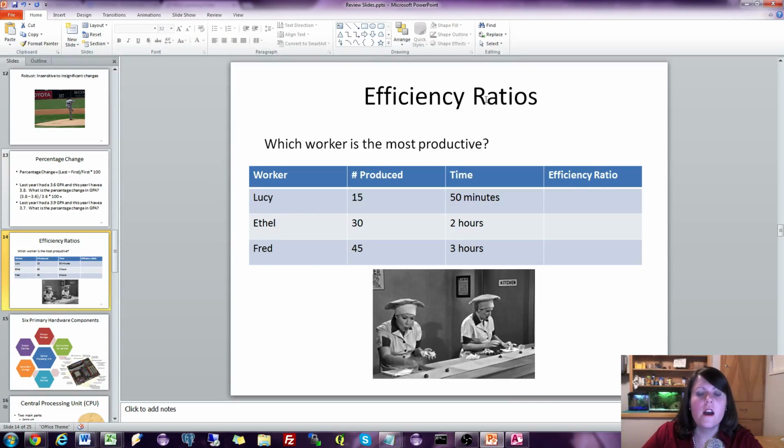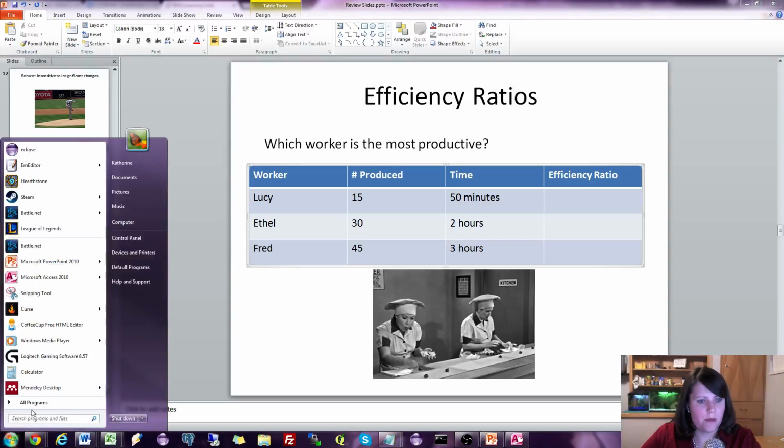Okay, and then we've got our efficiency ratios. So it depends on what the question's asking for. If it's asking, you know, who's the most productive, we can either calculate the amount of time it takes to make one item or how many items a person can do in a particular amount of time. And we just have to make sure that our measurements are in the same unit. So 50 minutes, for example.